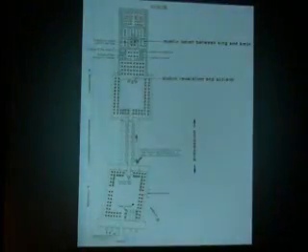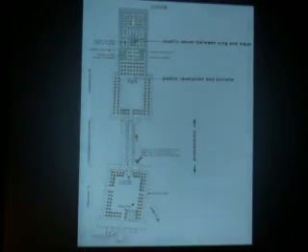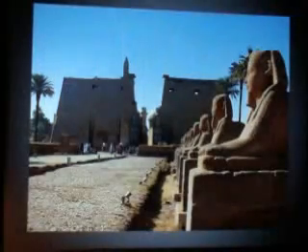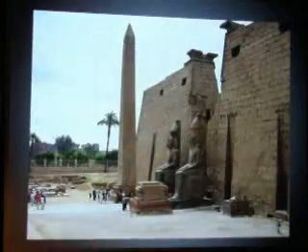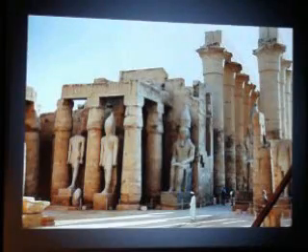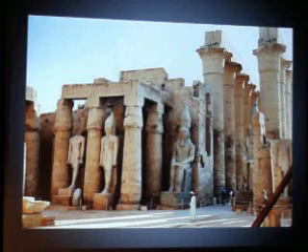What we first see, of course, is the temple started by King Amenhotep III, and you see the colonnade and then the courtyard and everything. Additions were made by Ramses II with the obelisk and the first pylon. The decorative scheme of Luxor Temple is almost one thing entirely.